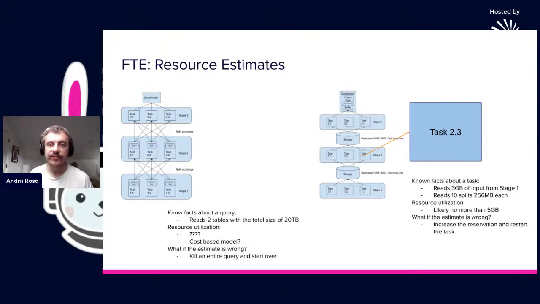For example, if you know that the task only reads 5 gigabytes of data, it's very likely it's not going to use more than 5 gigabytes of memory. And if you make a mistake, it's not a big deal. If you schedule a task and there are no resources to run it and it fails, no problem. You adjust your estimate and reschedule just a single task.